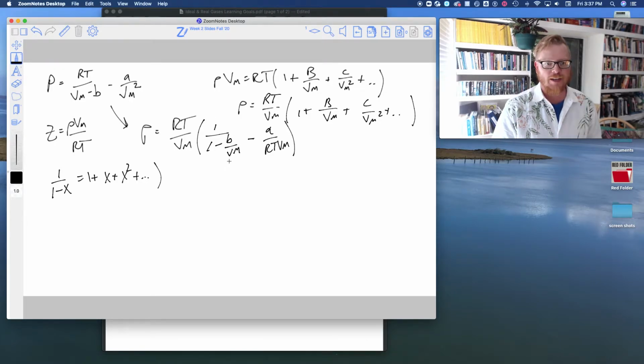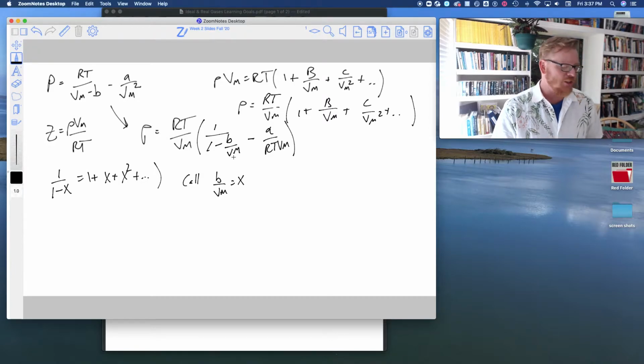That looks like a Maclaurin series expansion, so here I'm going to call B over Vm equal to x, so 1 over 1 minus x is 1 over 1 minus B over Vm.